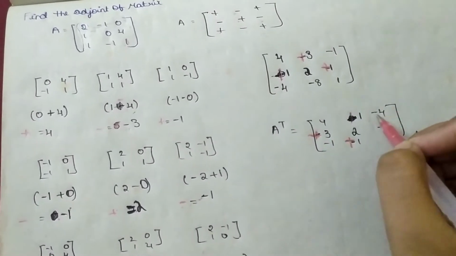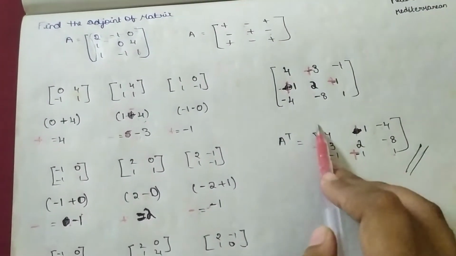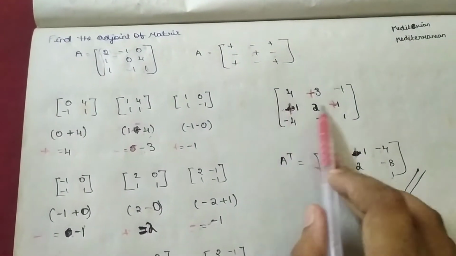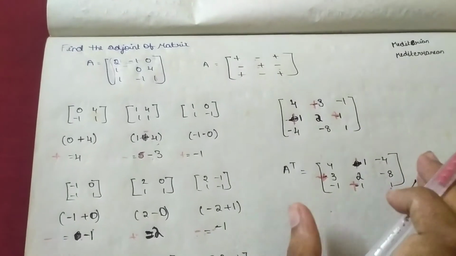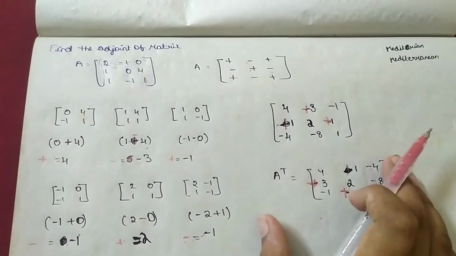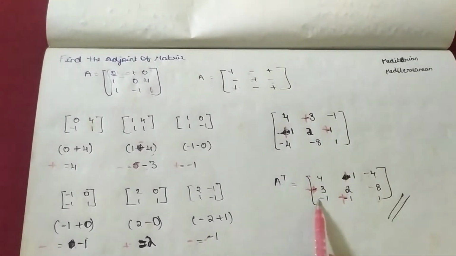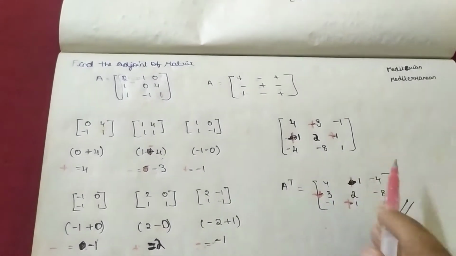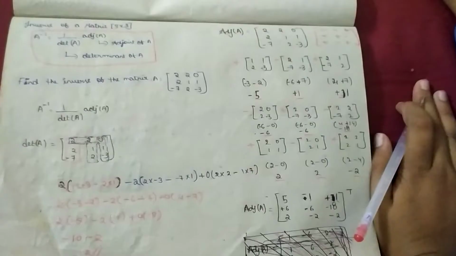Then minus 4, minus 8, 1. See, I am writing this row as a column, this row as a column, this row as a column. This is similar to transpose, where rows should be written as columns. So this is how we have to find the adjoint of a matrix.